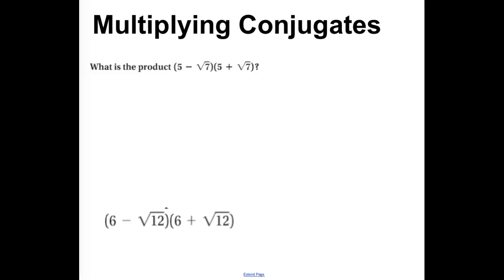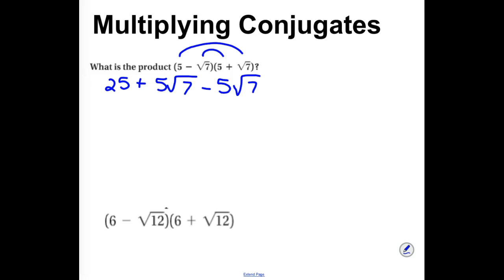Okay, what's different about them? So if we were to FOIL this, first times first would give us 25. Outsides, okay. Insides, all right.